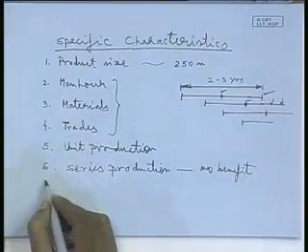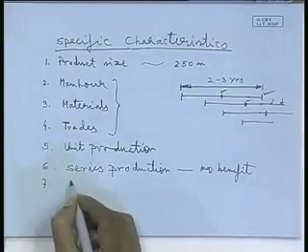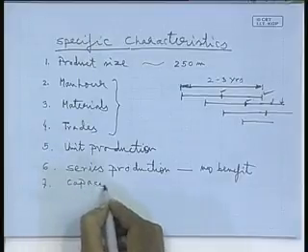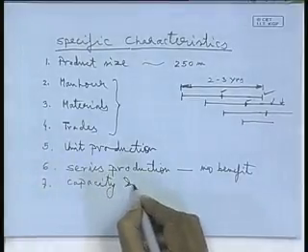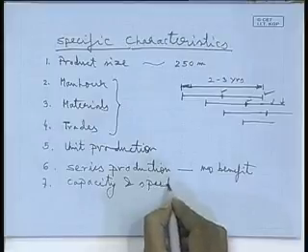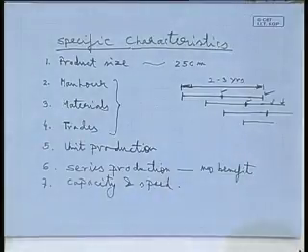So the next thing that comes is capacity and speed. We're talking about ships. In ships, these are the two fundamental things a customer will ask for. He will say, I want to carry 10,000 tons of cargo at a speed of 14 knots.